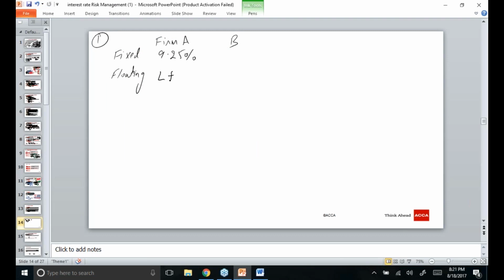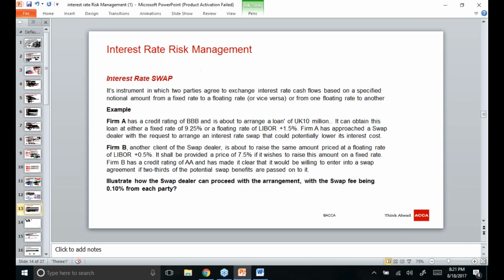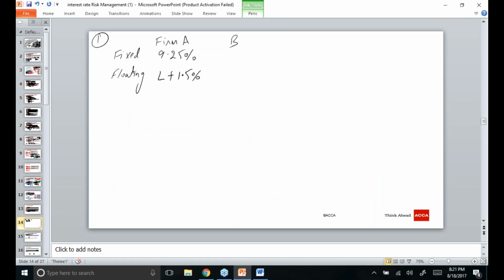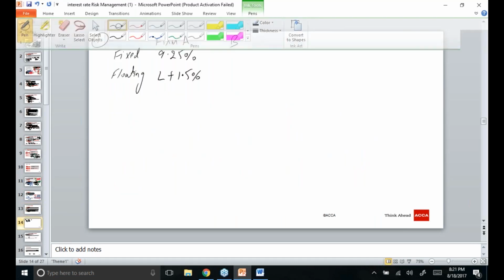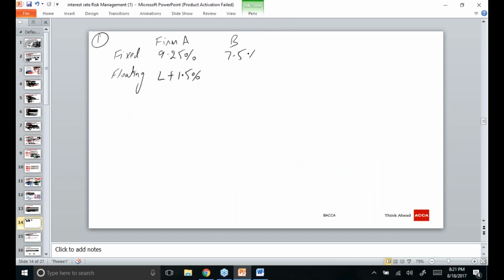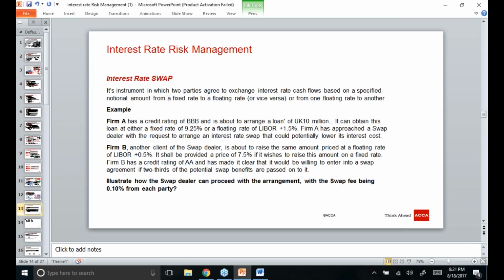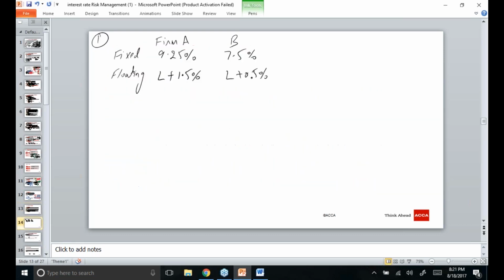B can borrow at 7.5 and LIBOR plus 1. Now try to develop a swap contract.